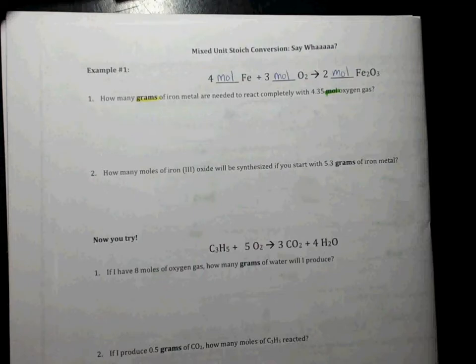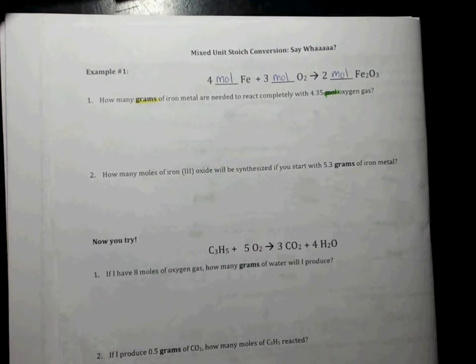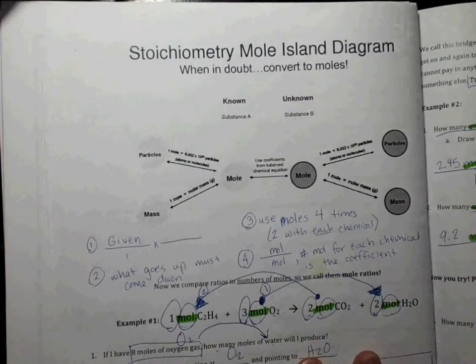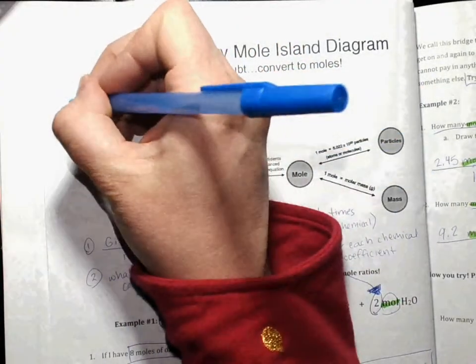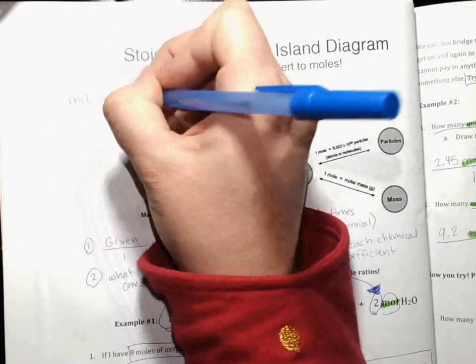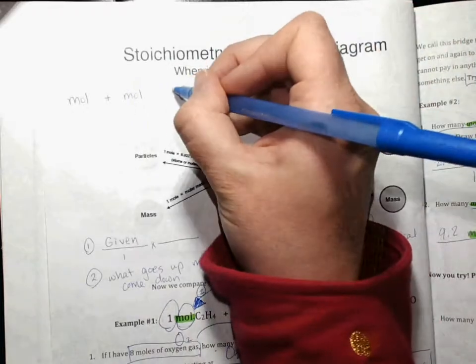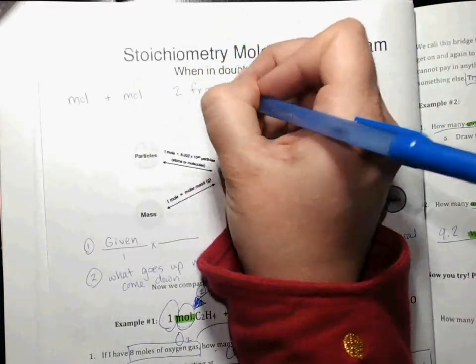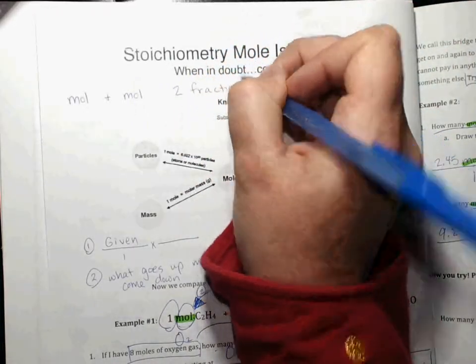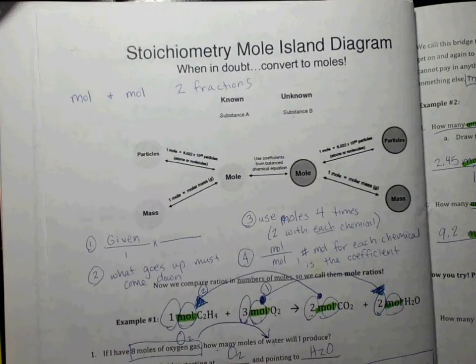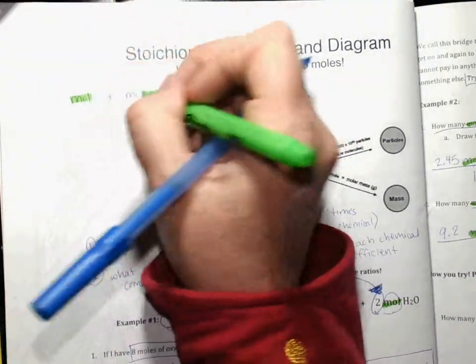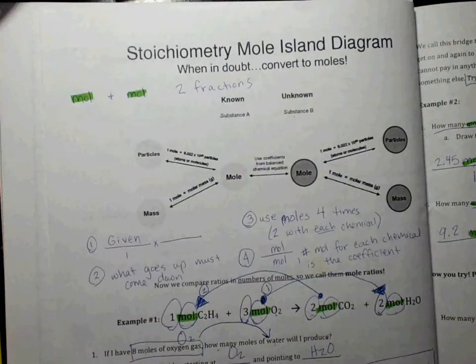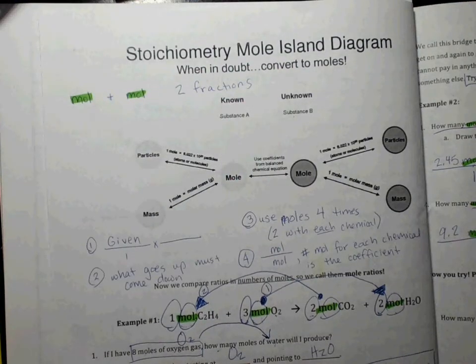Okay, and I'm going to tell you right now, we have something else we can write back on our notes over here. If you see moles and moles in the problem, that is 2 fractions. If the problem has moles of one chemical and moles of a different chemical, that is 2 fractions.